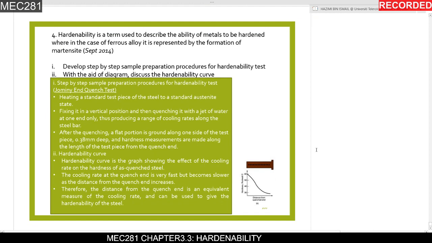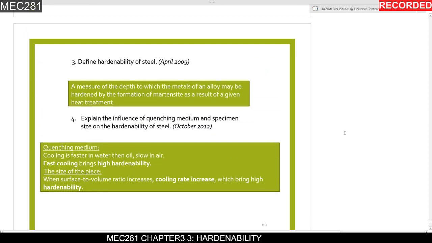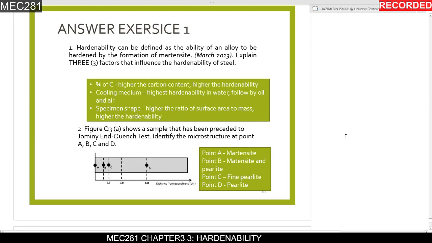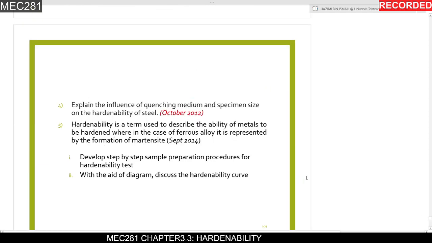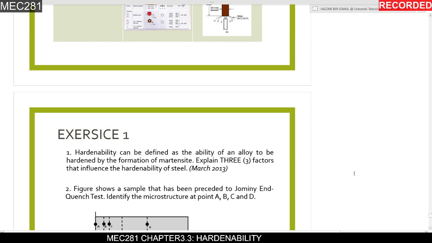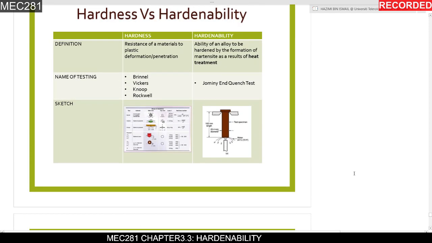And then that's it. So good luck for chapter 3. By finishing this subchapter 3.3, it also means that we have completed our chapter 3. So be prepared.